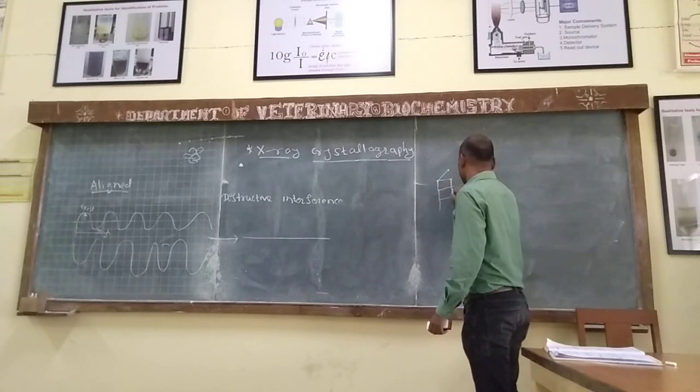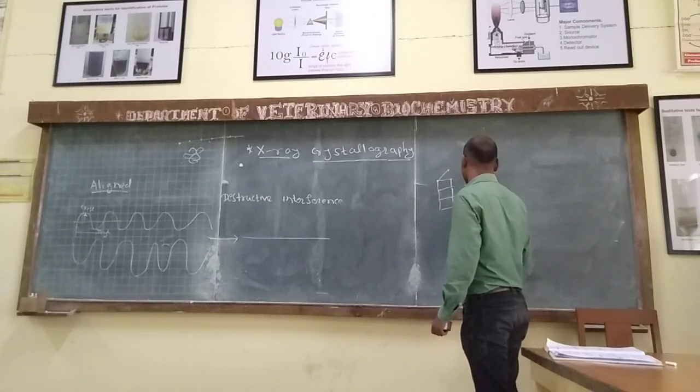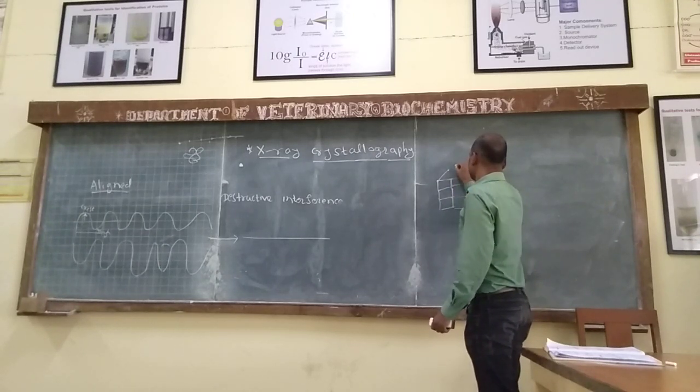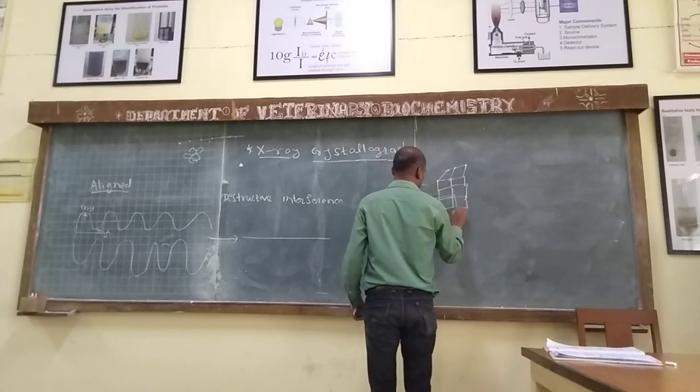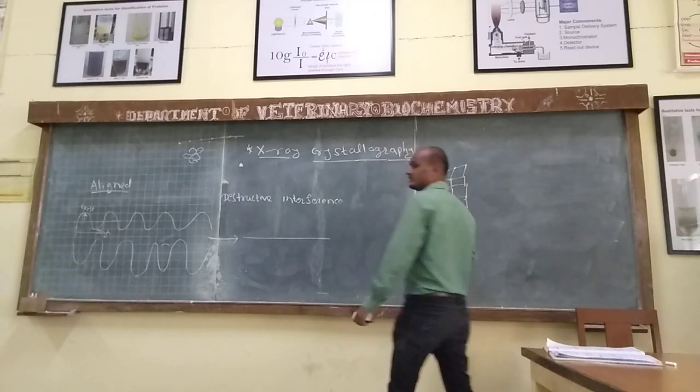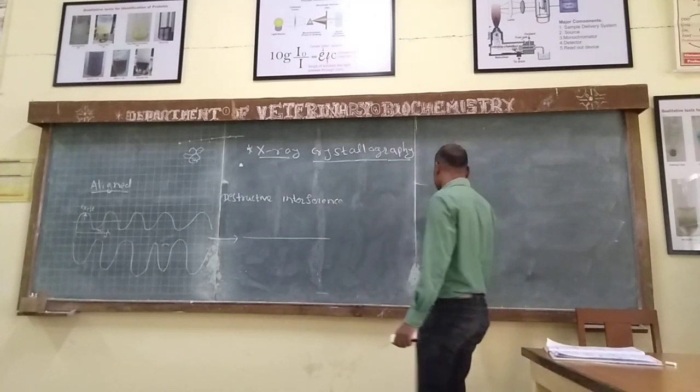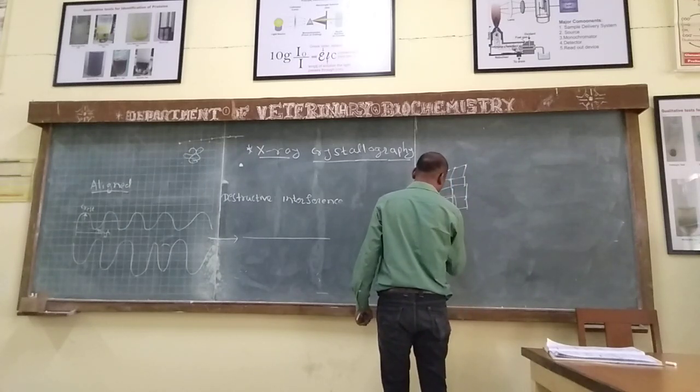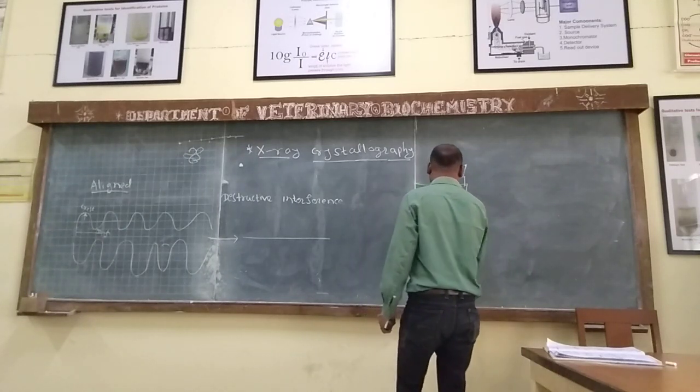So it is forming the crystal lattice. Okay. So basically, this is a three-dimensional structure. If you take this section of this crystal, that we call a unit cell.